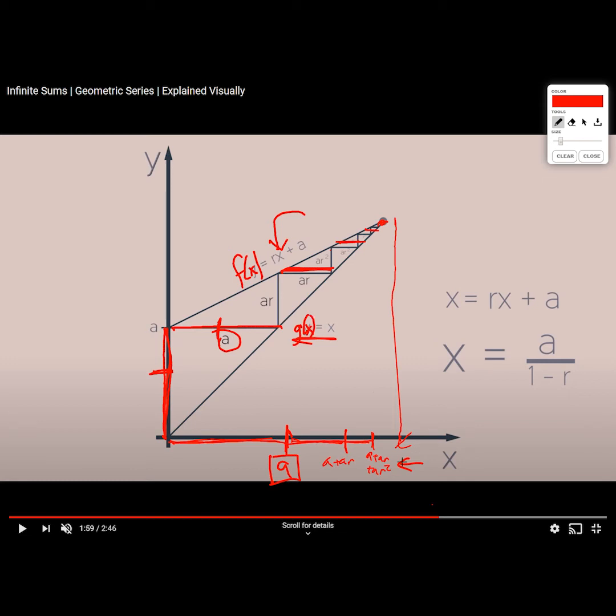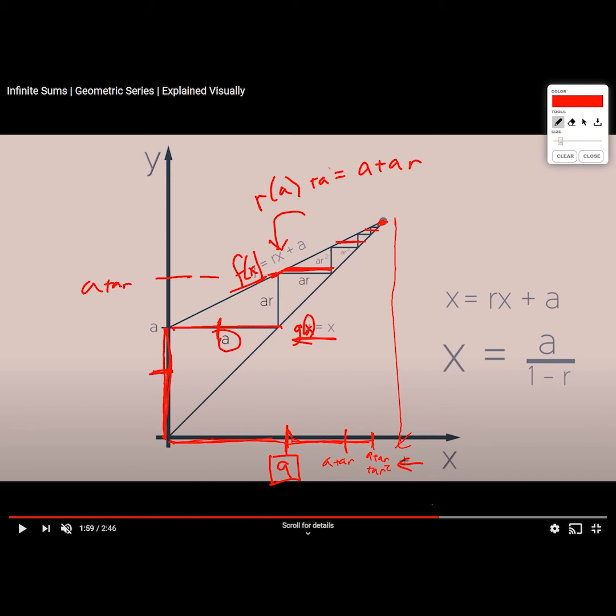All right, so if I have the sum rate times a plus a, don't you agree with me that we're going to end up getting an answer of a plus a times r, if I rearrange the variables? That goes directly, because this is my f of x, to what this y value is here, a plus ar.